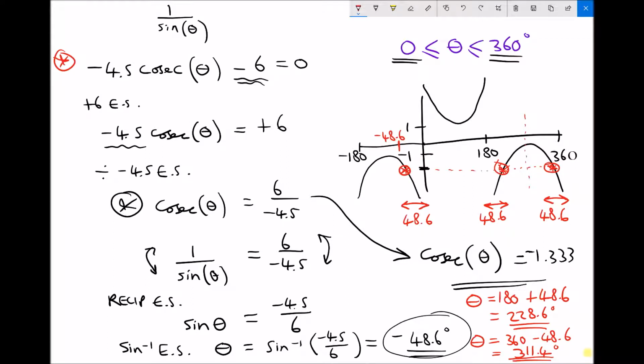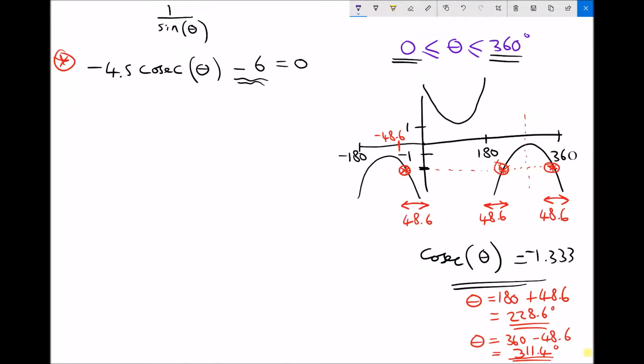So let's clear a little bit of space and then check those two solutions for accuracy. The way that I'm going to check those two values is by returning to my original function, minus 4.5 cosec theta minus 6 equals 0. Now recall that cosec theta is exactly the same as 1 over sine theta.